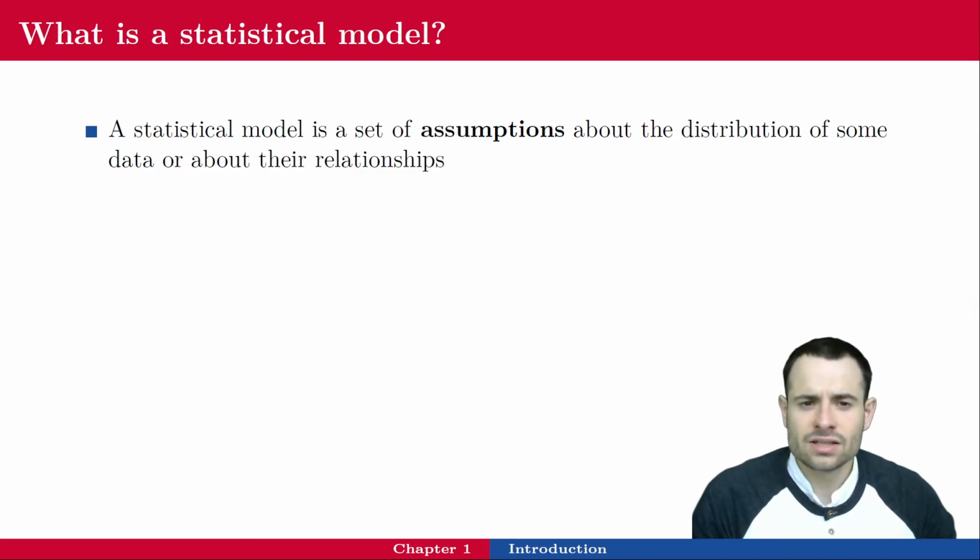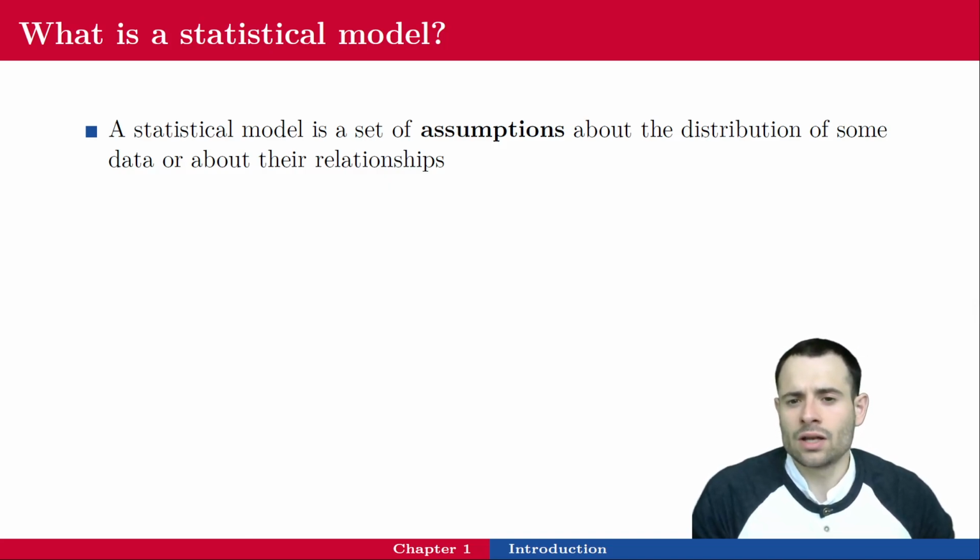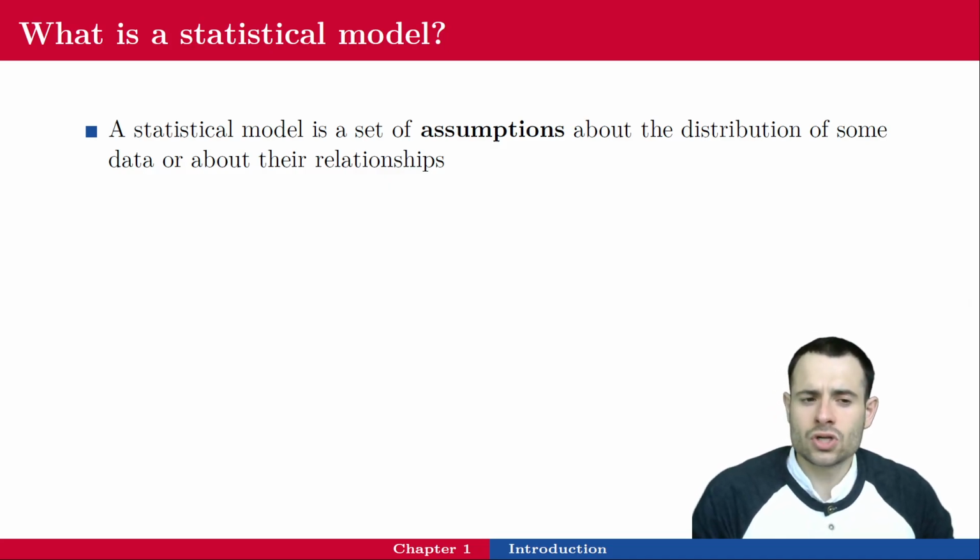In statistics, a model is also a set of assumptions, but the assumptions are about the distribution of some data or about their relationships. The equation I showed in the very first slide, the population regression equation, is part of a statistical model. It is one assumption that one can make in a statistical model.